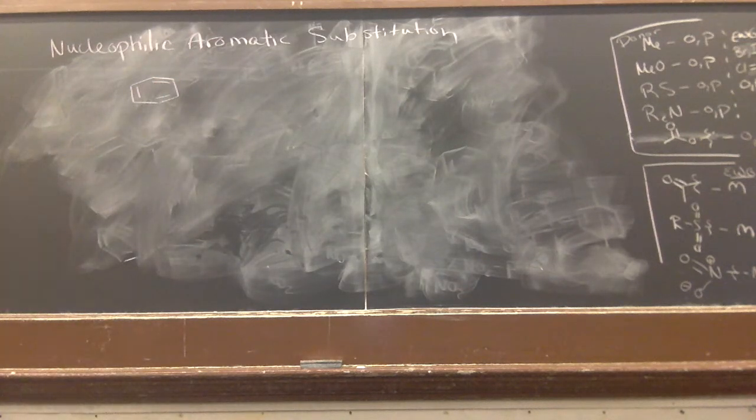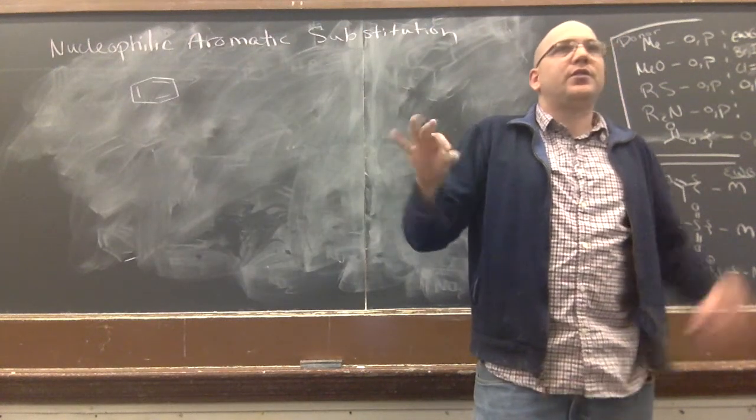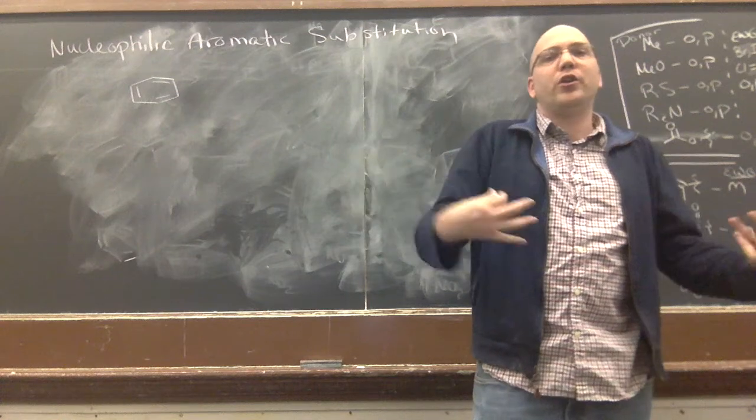So some of the standard nucleophilic aromatic substitution that we have can be based upon this idea of looking at those enoic systems or withdrawing groups within the alkene system.